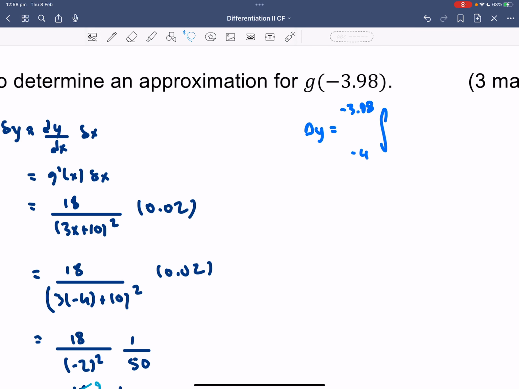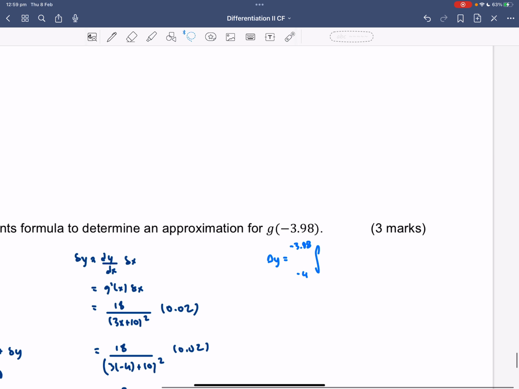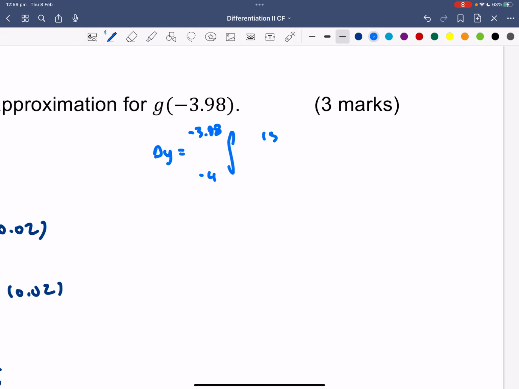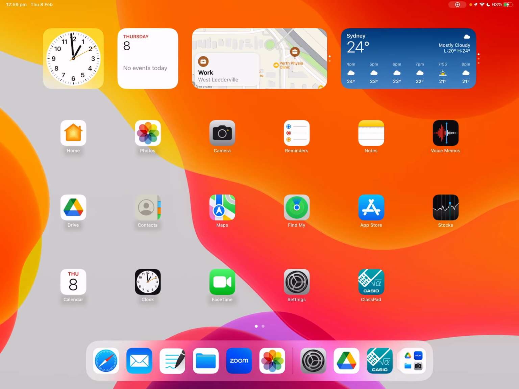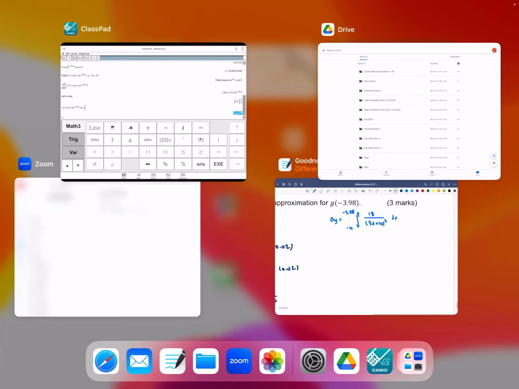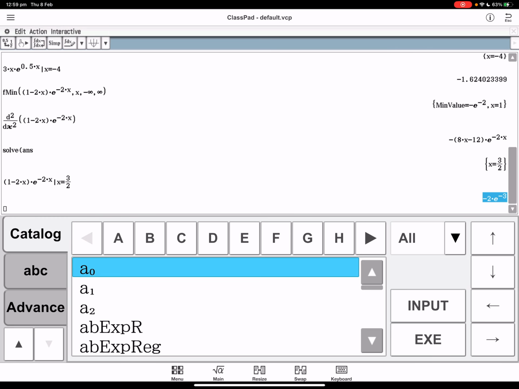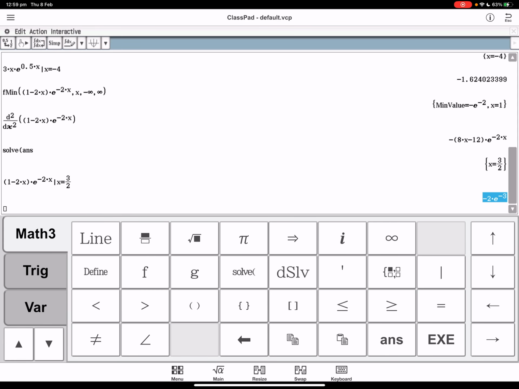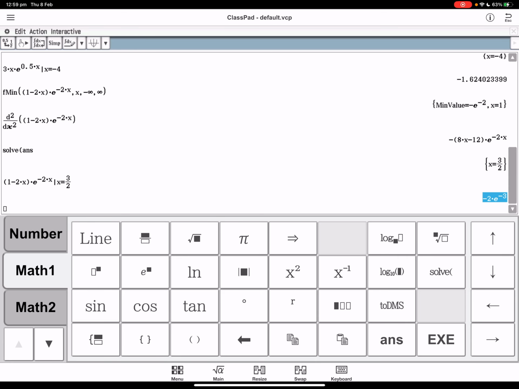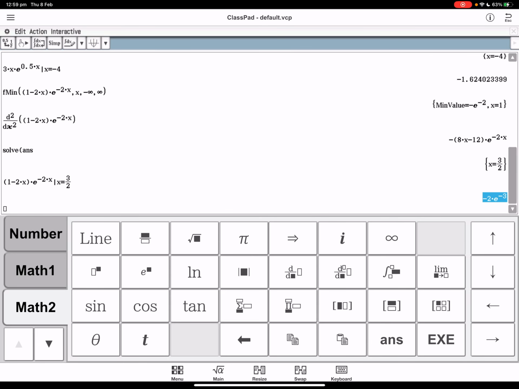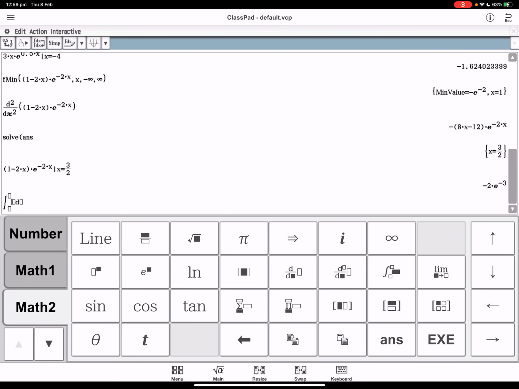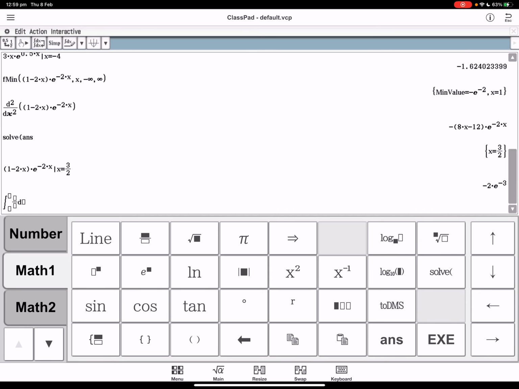Integral of the derivative, which was 18 on 3x plus 10 squared. All right, so let's see what the ClassPad would have spit out. This is for the exact answer, 18 on 3x plus 10 squared.